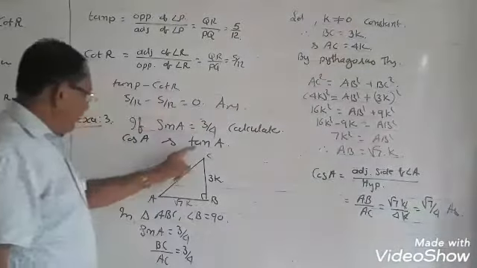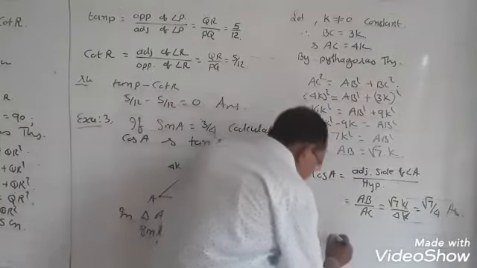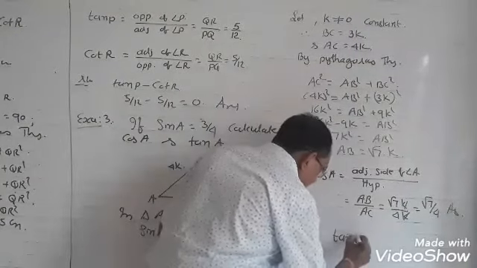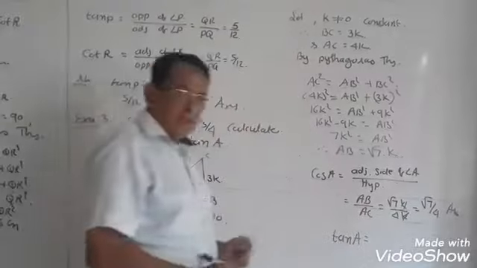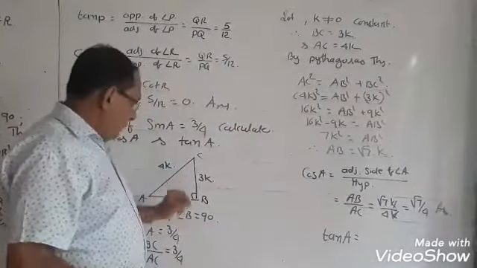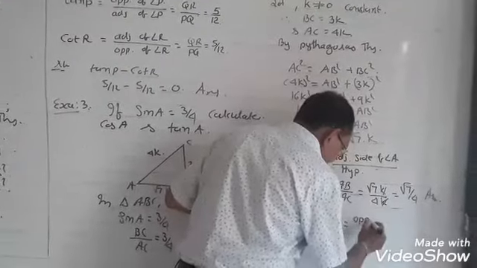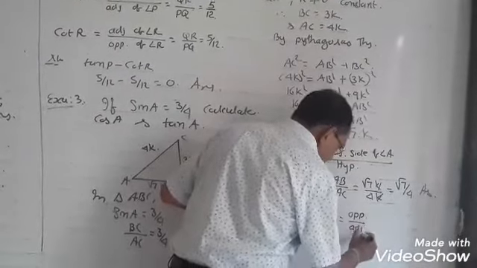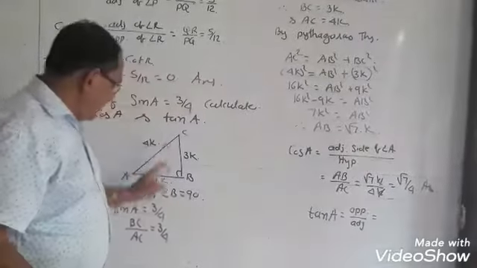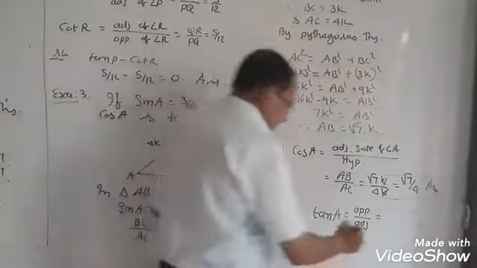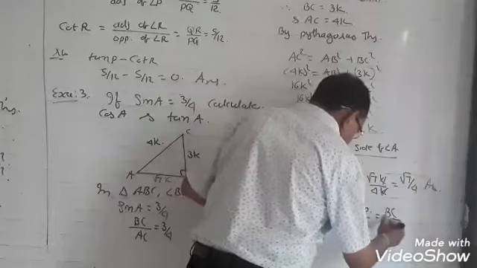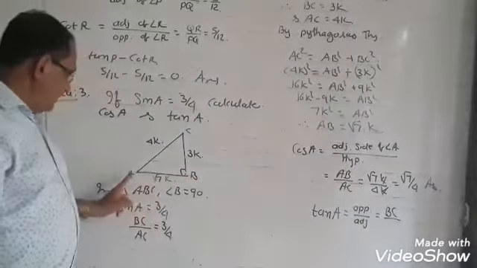Now what do you want to find? Tan A. Tangent of A is equal to opposite side upon adjacent side. What is your opposite side? BC. What is your adjacent side?